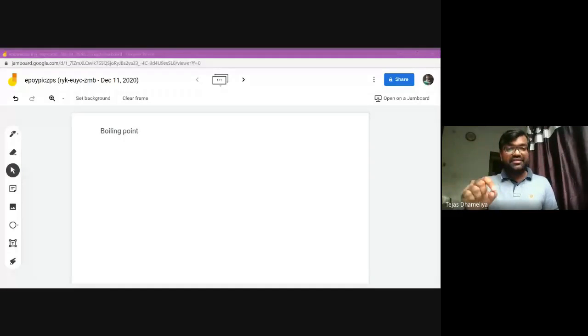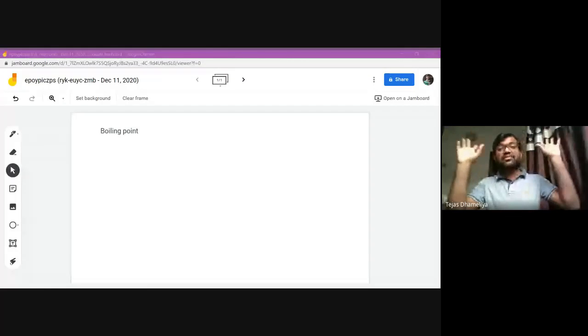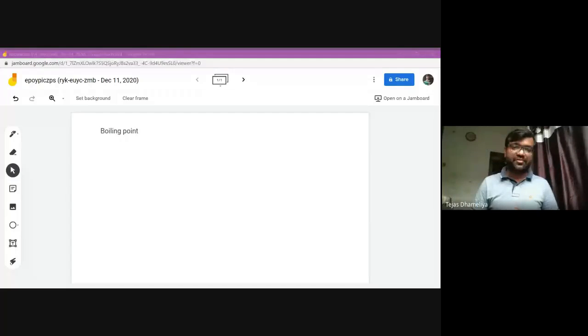At a certain point, the vapor pressure will be maximum, equal to that of the atmospheric conditions. And thus this substance is completely vaporized. It is not available in the form of liquid. So this is the phenomenon called boiling, where we are heating the liquids to convert them into the vapor form.